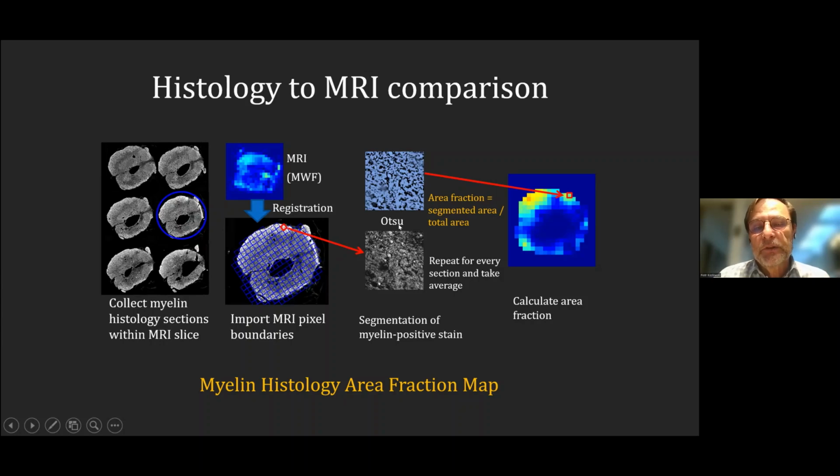Then we use the Otsu method to threshold the stain, and then calculate the area fraction, which is the segmented area of the total area. In the end, that gives us the histology information registered to MRI, but also with the same resolution as the MRI data.